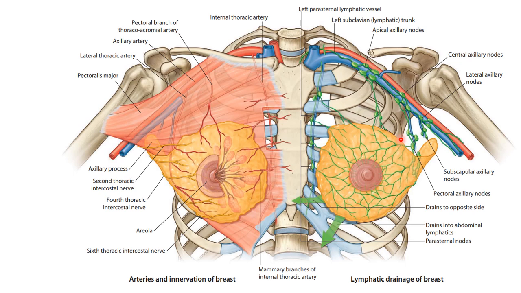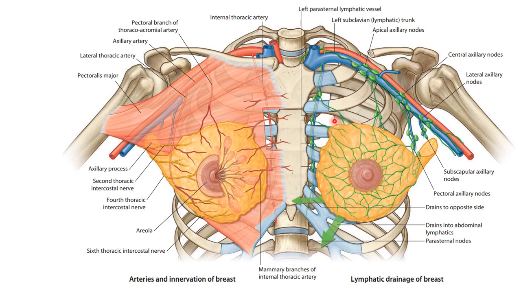We must do staging of the cancer to determine the treatment plan, how we will deal with the patient, and the prognosis: what the chance of improvement is, what the chance of, God forbid, death is, what the chance of complications is, and so on. So it's very important to identify and define the staging of the primary cancer. Of course this applies to all cancers, but specifically we are talking about breast cancer.